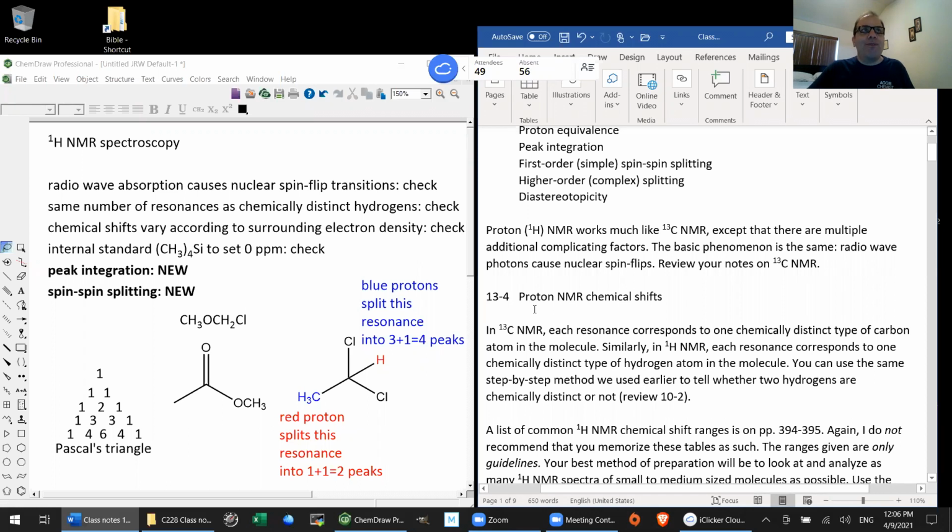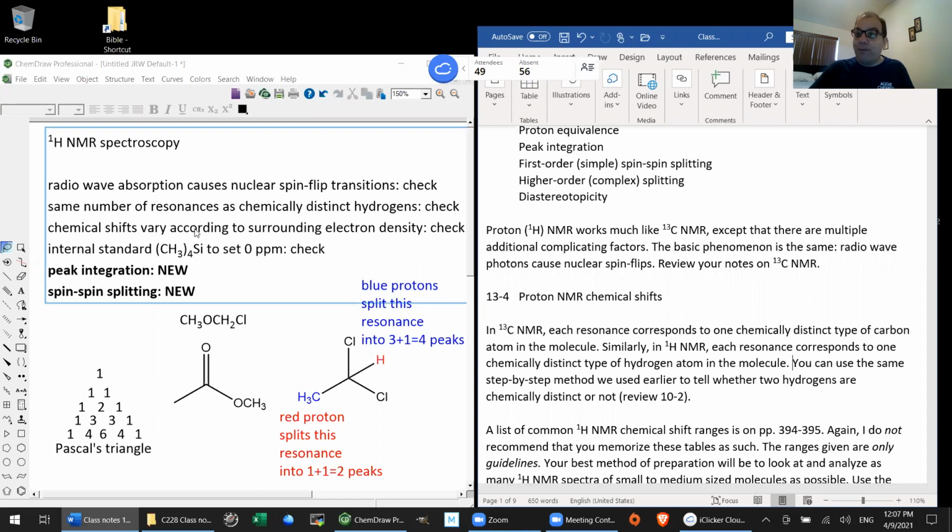That's way back when we were talking about halogenation of alkanes and trying to determine how many products were possible and whether this set of hydrogens and that set of hydrogens were the same as each other. It works the same way for proton NMR. Anyway, in that way, carbon and proton NMR are very much the same.